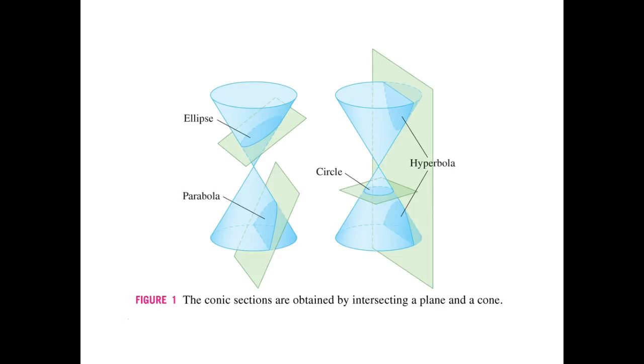If you take that tilted plane, but make sure you cut completely across the cone, not parallel or perpendicular to the axis, but at some angle to the axis, that gives you an ellipse. And finally, if you take a plane that's parallel to the axis, but off the axis, then you get a hyperbola.